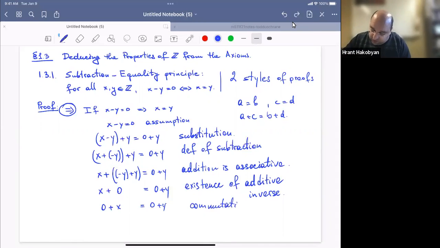Actually, here we could have just immediately said that this implies that x is equal to y by the axiom of the additive identity, right?